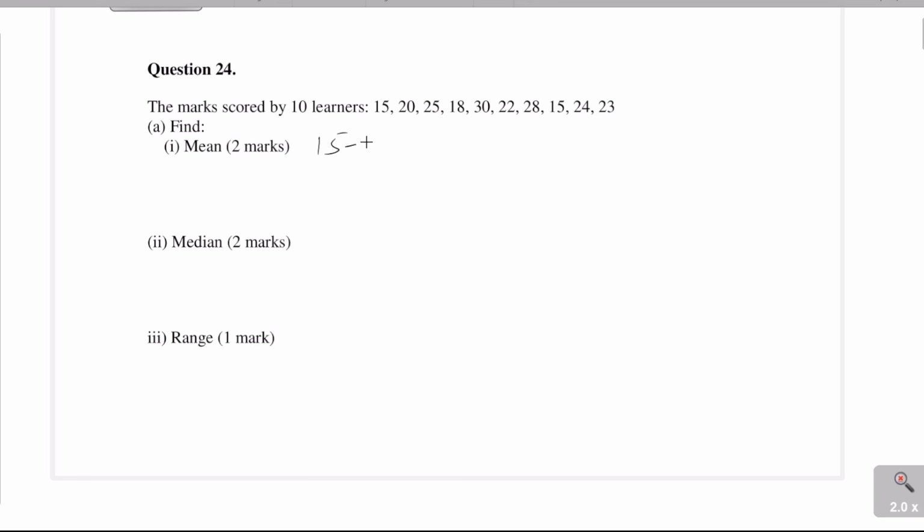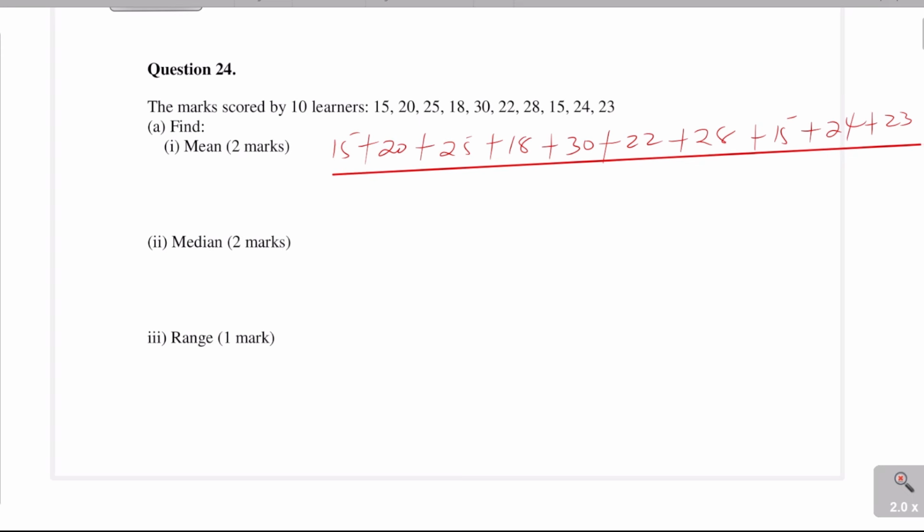So we have 15 plus 20 plus 25 plus 18 plus 30 plus 22 plus 28 plus 15 plus 24 plus 23, everything divided by the number of learners.